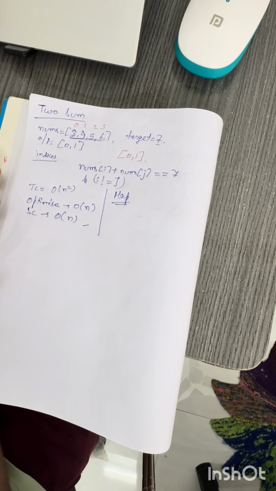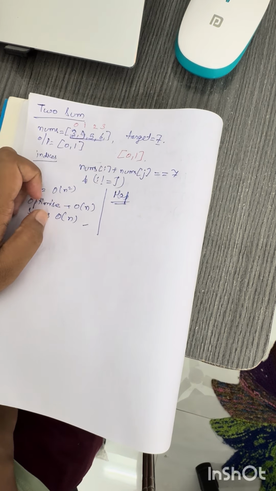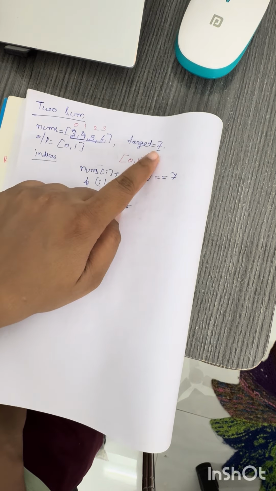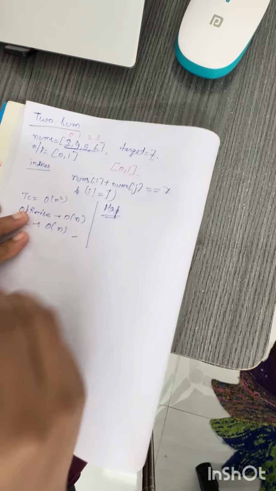What we can do is take the values and their indices stored in the hash map, and then subtract the element from the target.